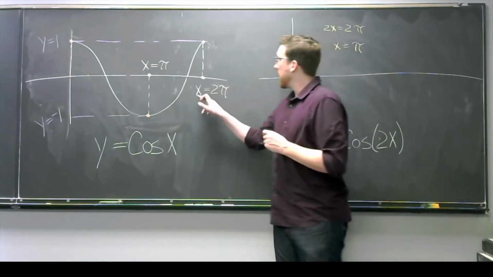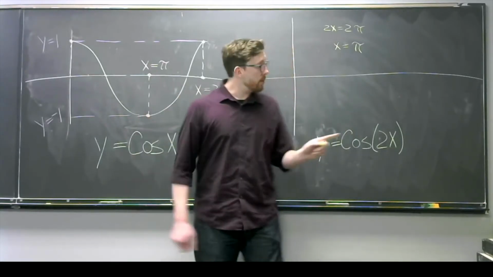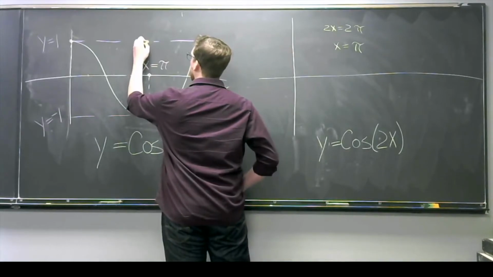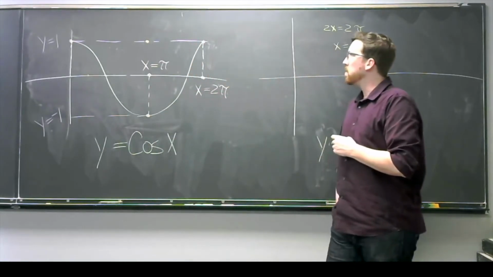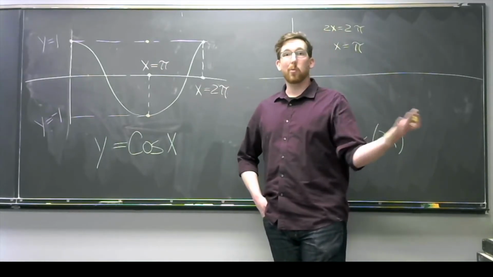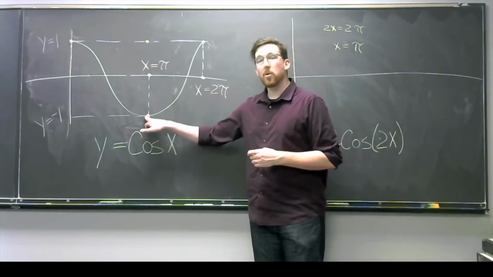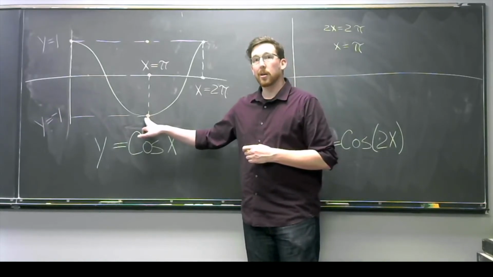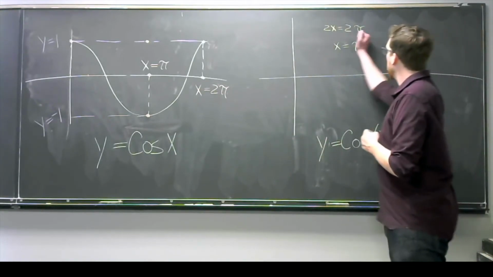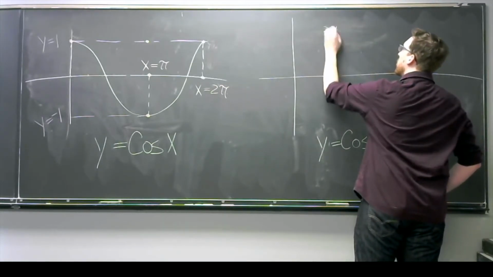Knowing that, we can start using this to inform this graph. We know at x equal to pi that the cosine of 2x is going to be 1. Okay. Well, another point we might want to use is going to be pi, because we know cosine at pi is -1. So now, we want to know when 2x is equal to pi.